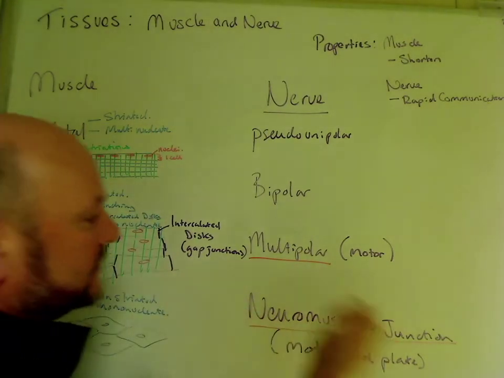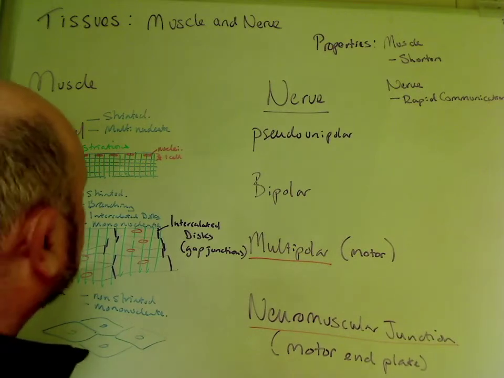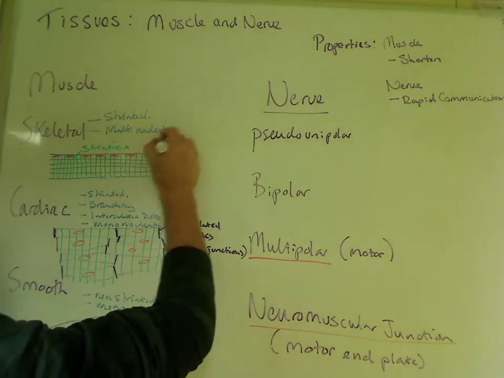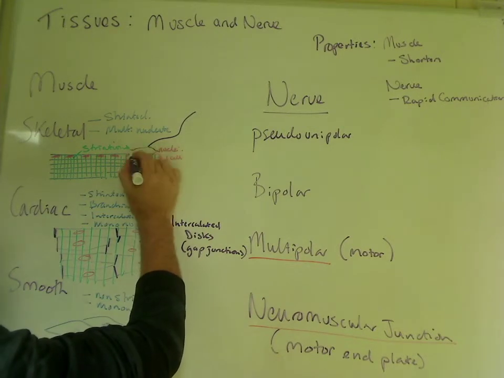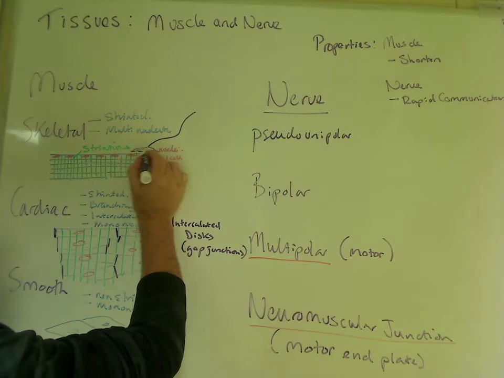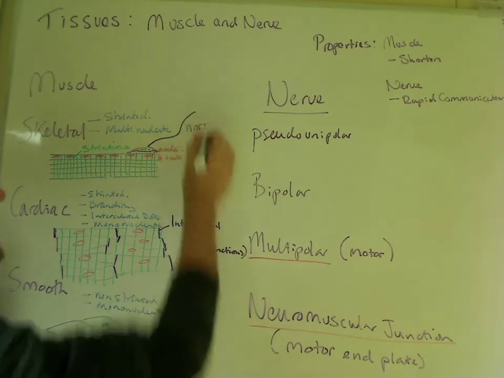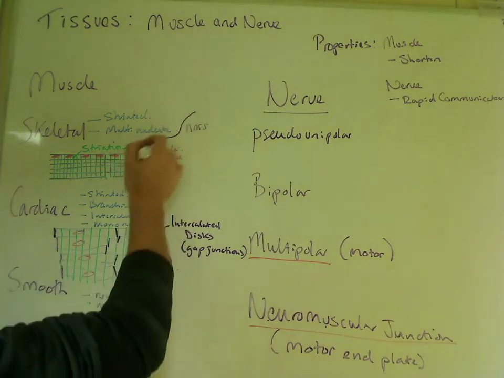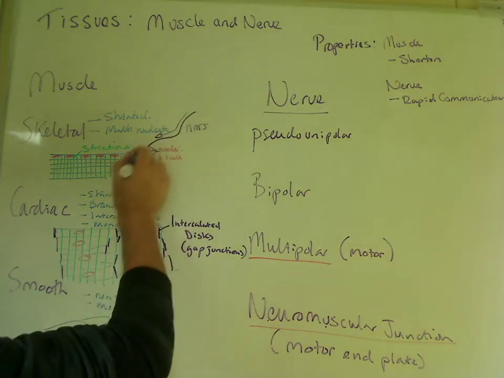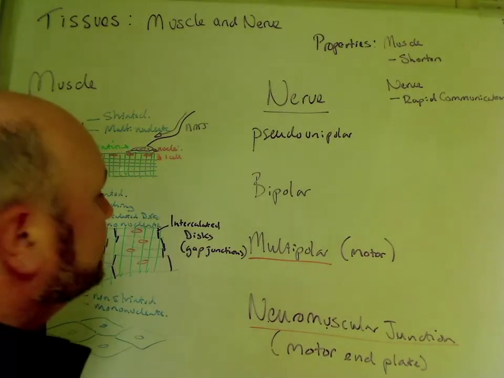So if I was to add the multipolar onto this, you'd have the axon come down and then this kind of large foot-like plate coming down onto that area, and this would be the NMJ, or neuromuscular junction, and that's the stimulus. And when the stimulus comes down there and hits that, that stimulates it to shorten, as we'll see later.